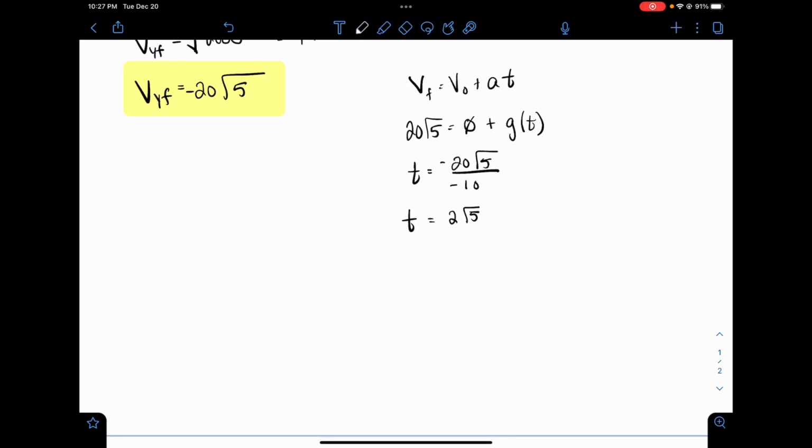So U initial plus K initial equals U final plus K final plus whatever work might be done in the system. We know that there is no work done in the system based on our own assumptions and the fact that no energy has been added or left the system, and there's no air resistance or anything like that.